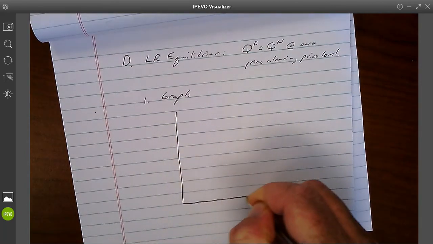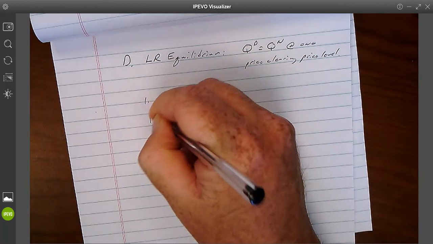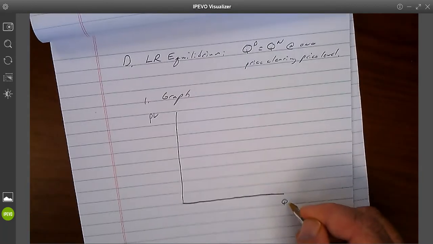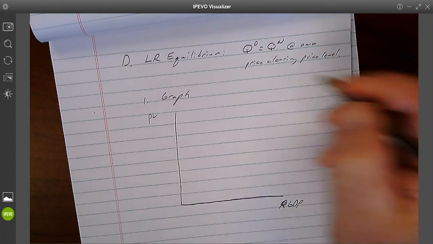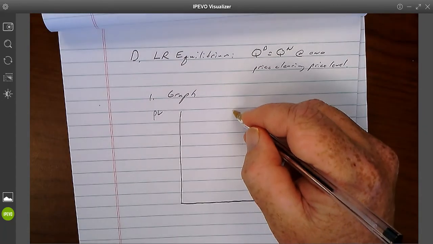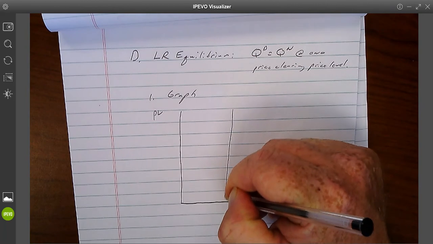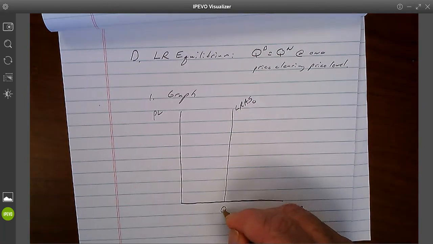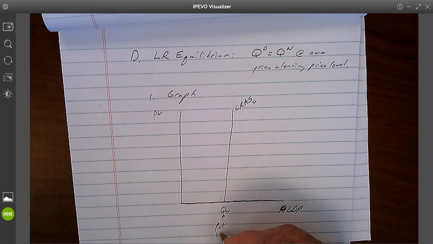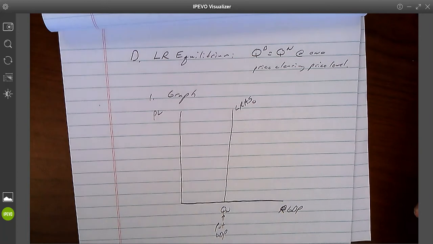We've got price level here and quantity, real GDP is fine here. Let's put our long-run aggregate supply curve here. Here's QN. This is potential GDP. That's our goal.